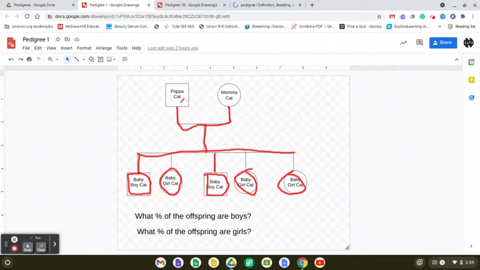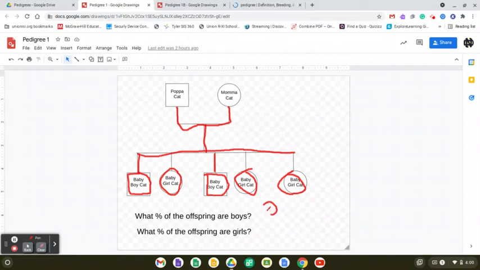So for this example, we're just comparing the sex of the offspring. From the mama and papa cat, the question is what percent of the offspring are boys? If you have 1, 2, 3, 4, 5 children, and two of them are boys, what percent are boys?